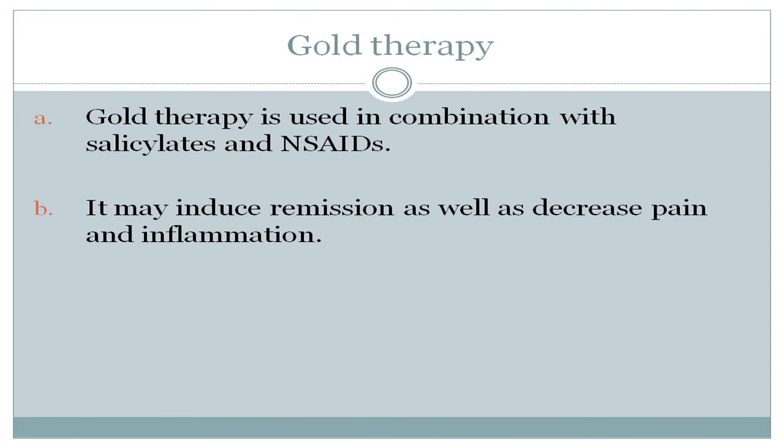So the gold therapy can be used in combination with salicylates and NSAIDs. It may reduce remission as well as decrease pain and inflammation. So this is an older slide, and I want to make sure your book does not talk about gold therapy.